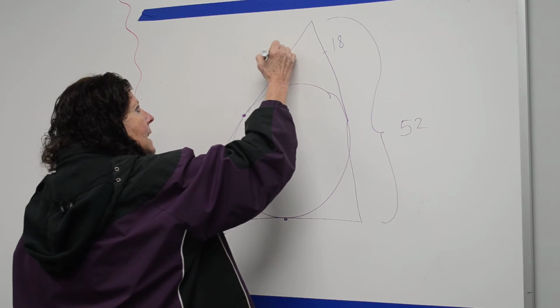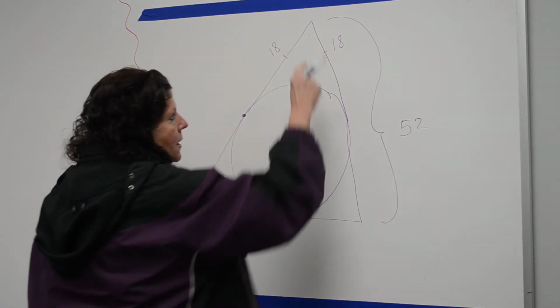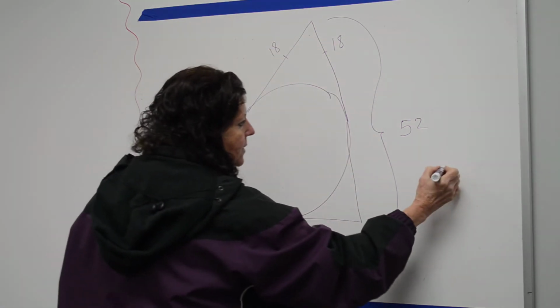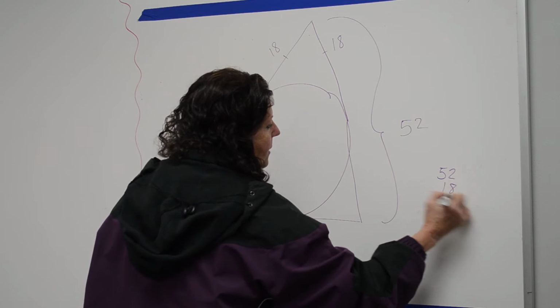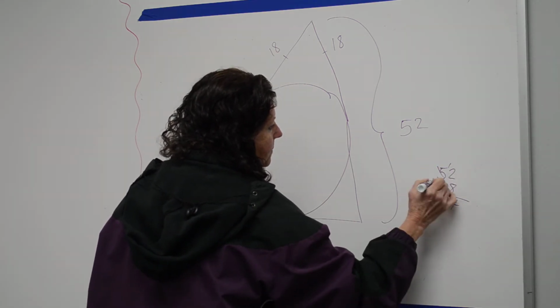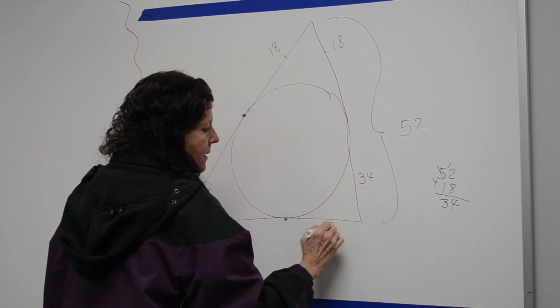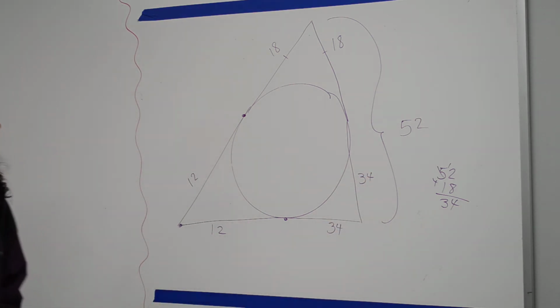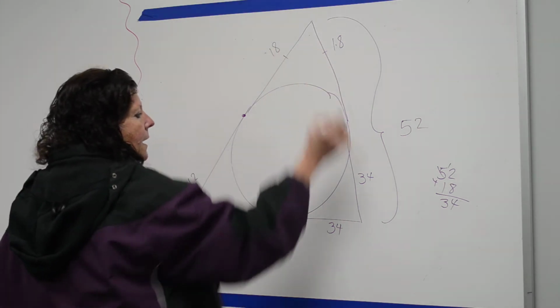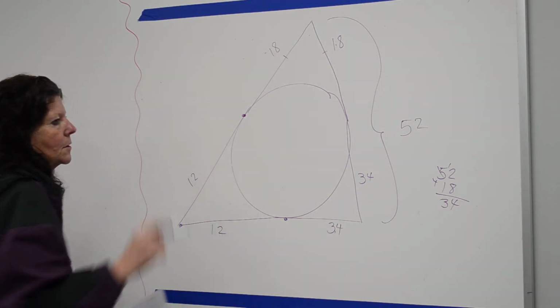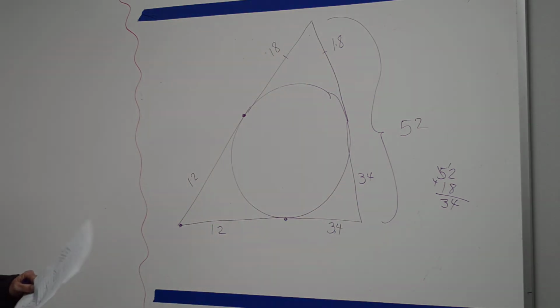This would have to be 18 and 18. Then I would take my 52 and subtract my 18 from it. So this would be 34 right here, and this would be 34. Then to find the perimeter, I would add up all those numbers.